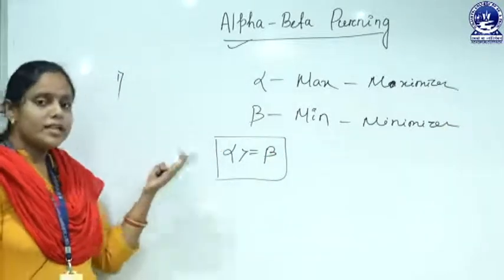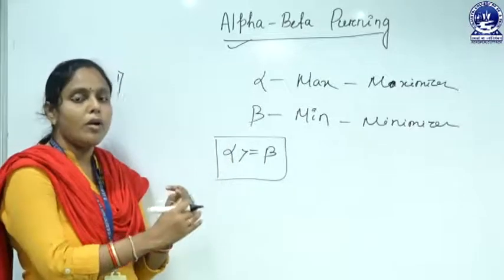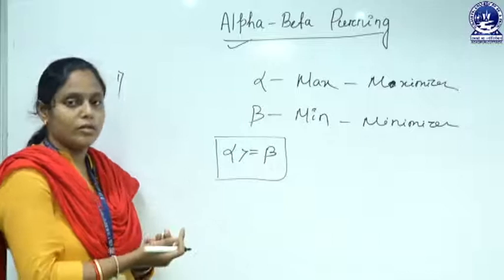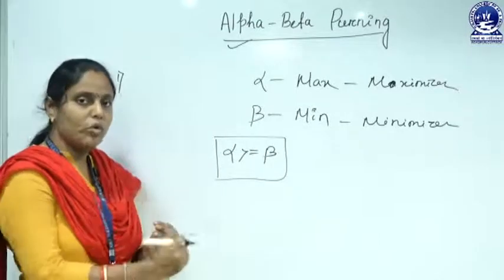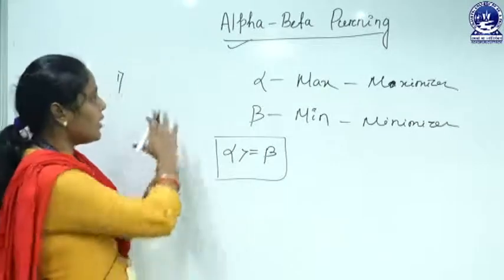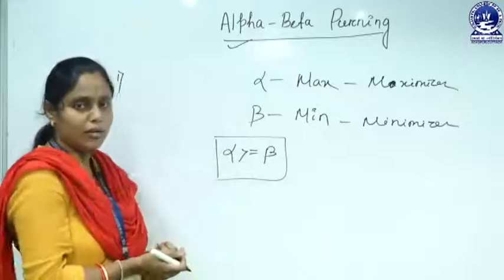And the other condition is that the alpha beta values move from the upper node to the lower node, but the node value, that is the utility value, moves from the lower node to the upper node. How are all these conditions applied in our alpha beta pruning algorithm?